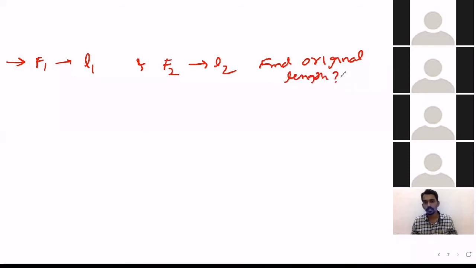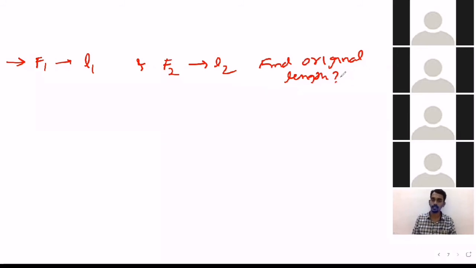So there is one wire, and the length has not been given. That only they are asking you to find. But the condition given is, you apply force F1, then length is L1. When you remove F1, it will come back to the original position. Now you apply F2, then length became L2.